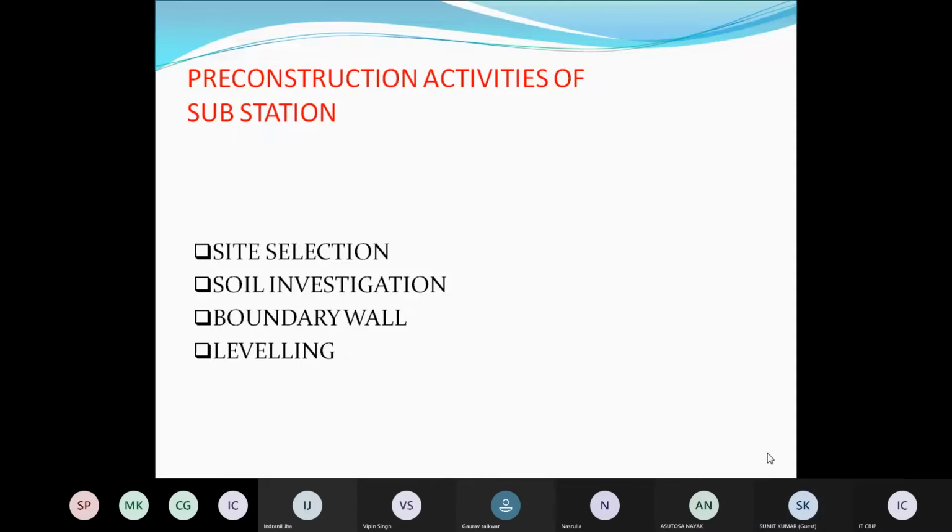If you forget for some time that it is a substation, these are the very basics of any building, residential or commercial. A substation without a control room building is also not possible. So start from the very simple concept of a building: site selection, soil investigation, boundary wall, levelling.